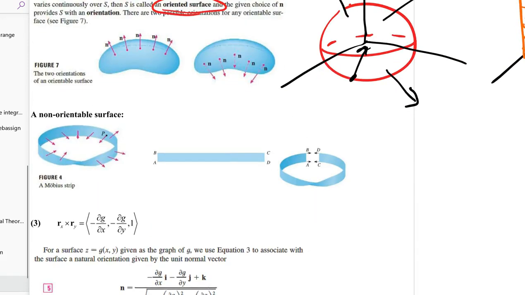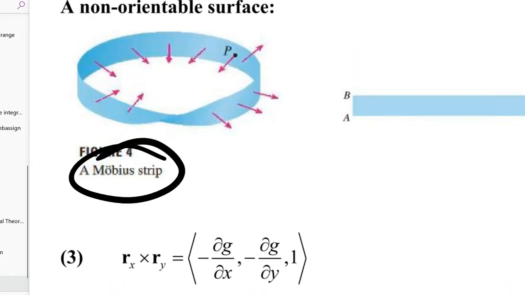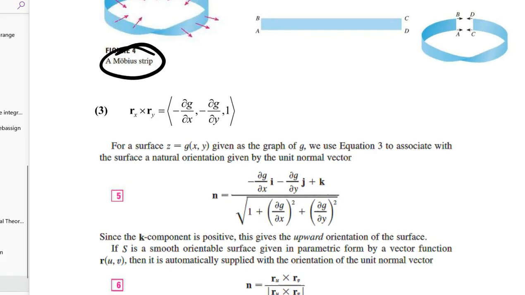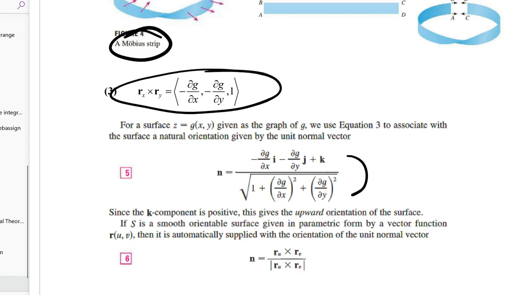Now, there are surfaces that are non-orientable, for example, the Mobius strip. You can look that up. It's kind of an interesting idea. And then they go back and talk about the normal vector and then the unit normal from that.